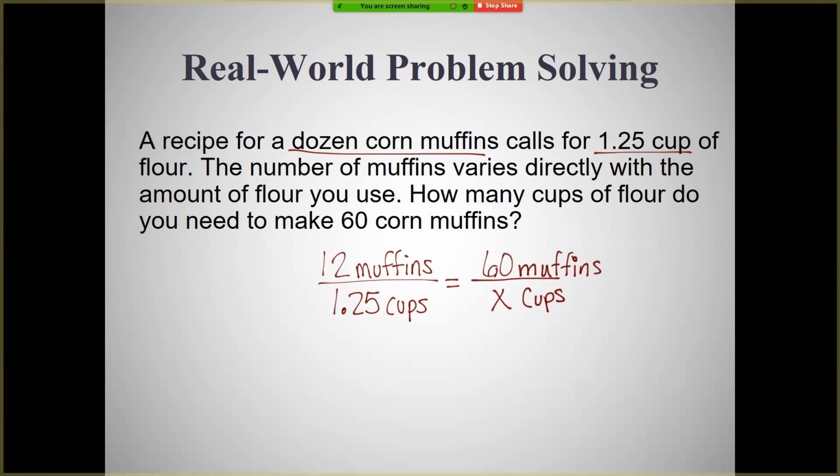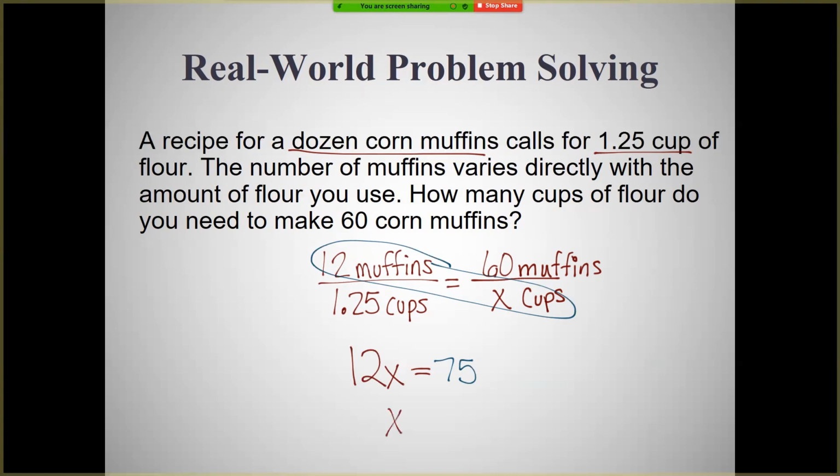Then I'm going to cross multiply. I'm going to multiply 12 times x to get 12x. And then I'm going to multiply 60 times 1.25 to get 75. To get x by itself, 12 is beside it, so I'm going to divide.